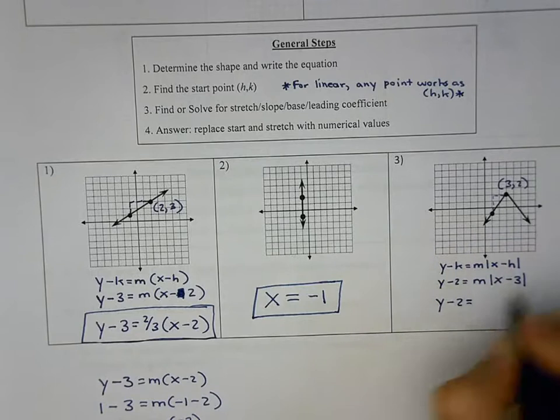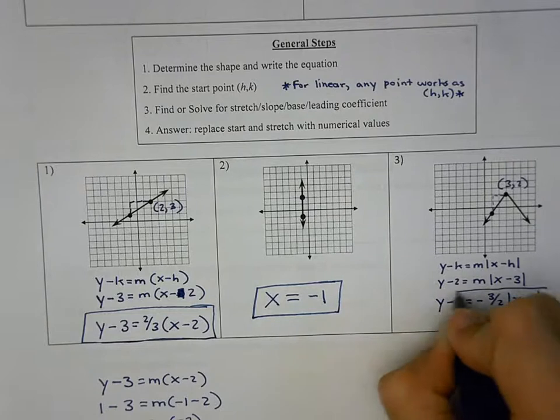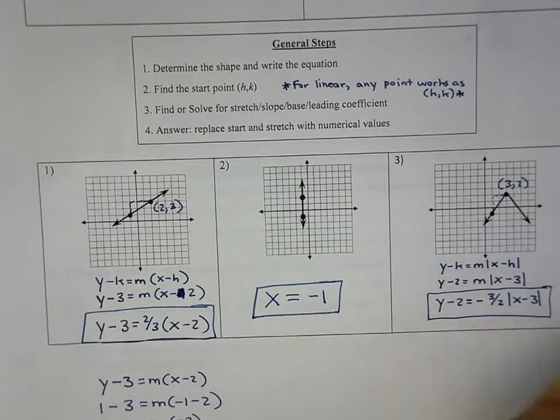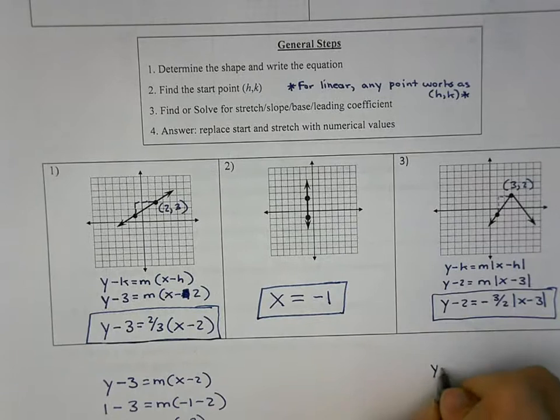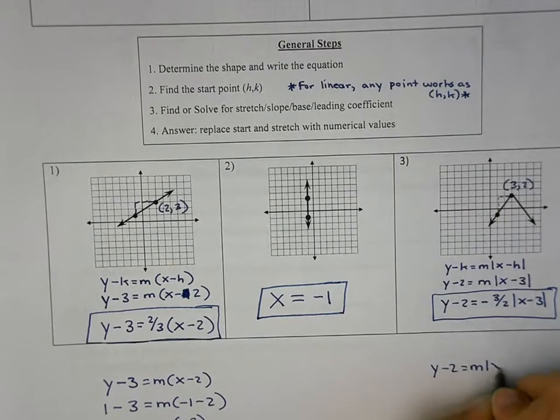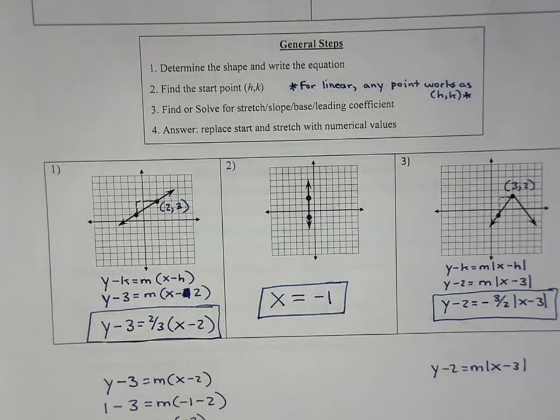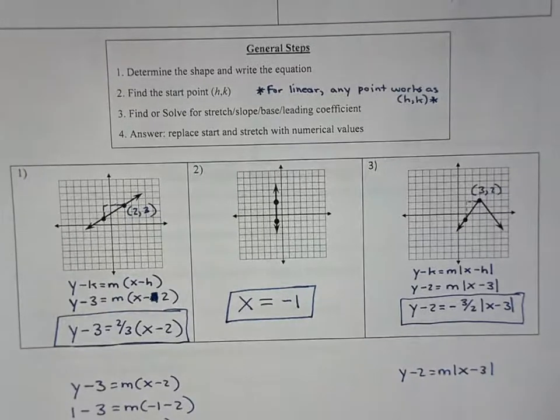That's a negative. So a negative, rise 3, run 2. Same thing as with the linear. You could solve for that -3/2 by taking the equation y minus 2 equals m times the absolute value of x minus 3.